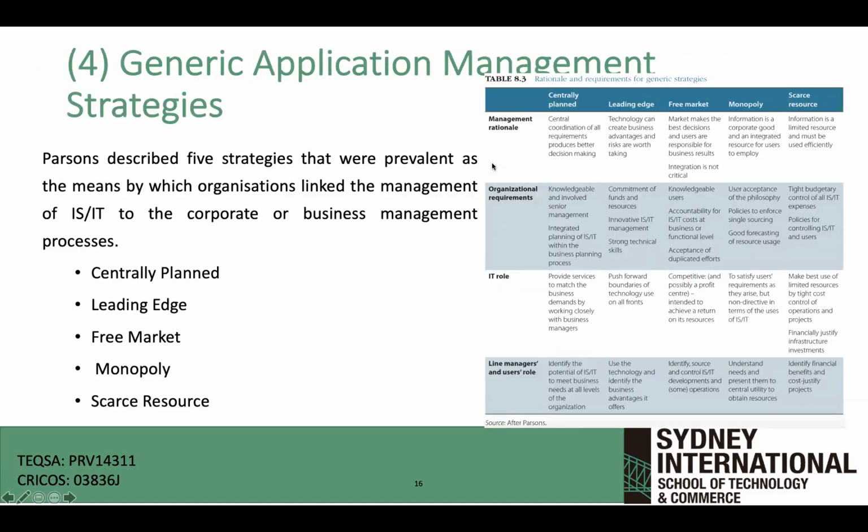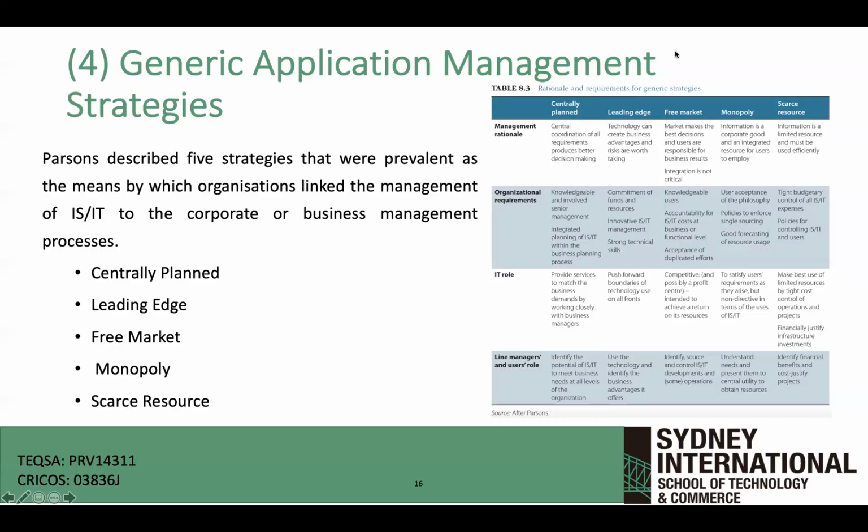Now, ladies and gentlemen, we need to really look at the sort of investments we are able to make. This is a generic application management strategy, a sample, if you want, of how we can manage all of these various items that are available.